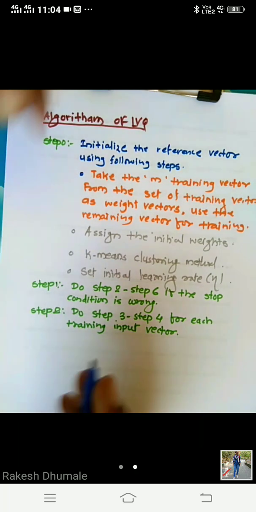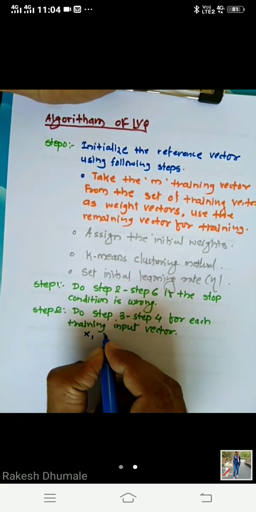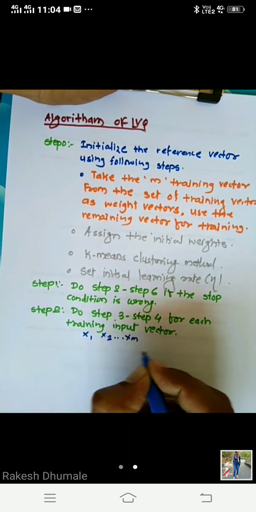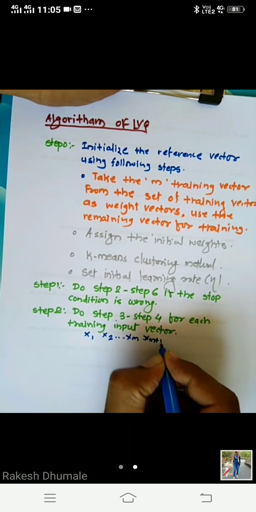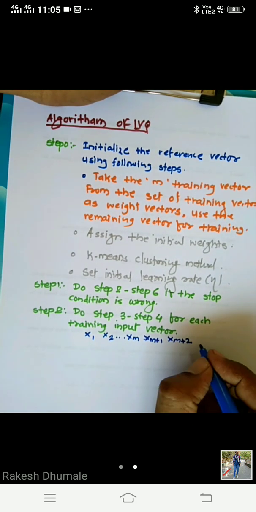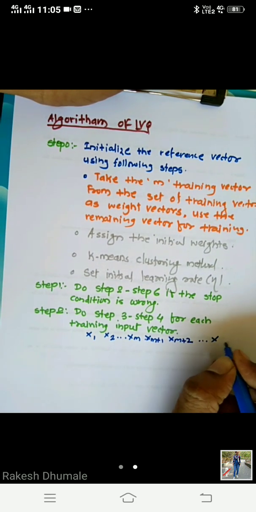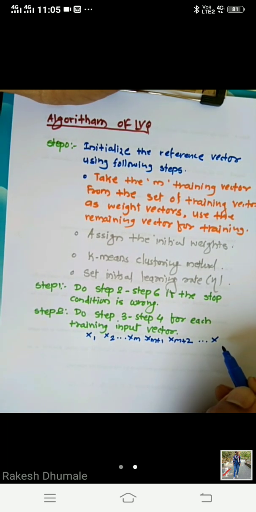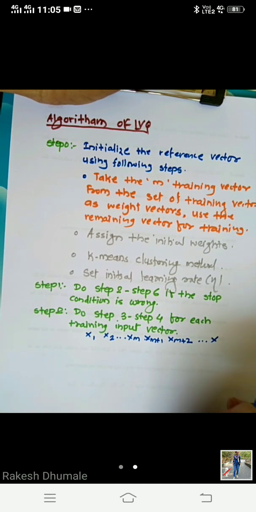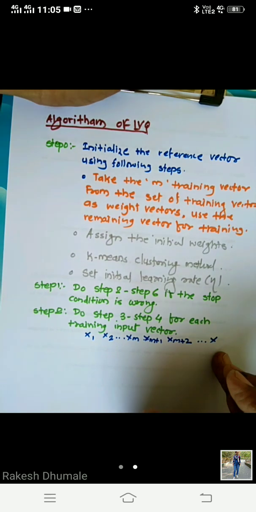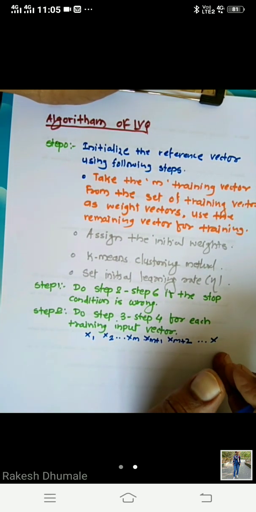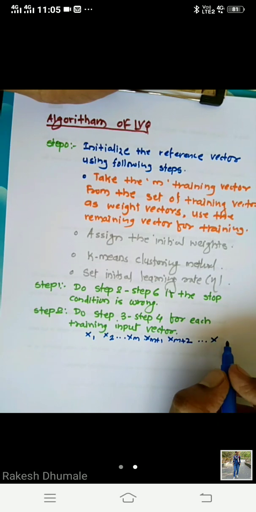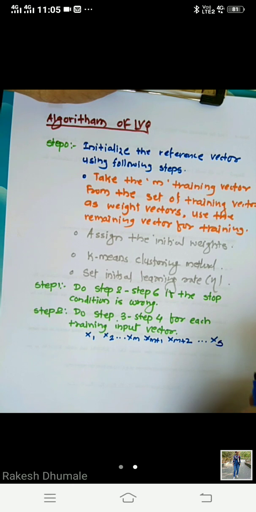Now in this case, as I said, if there is x1, x2, xm, then xm plus 1, xm plus 2, it is up to xs. The last number is s. Here, what is the value of s? x1 to xs, correct?